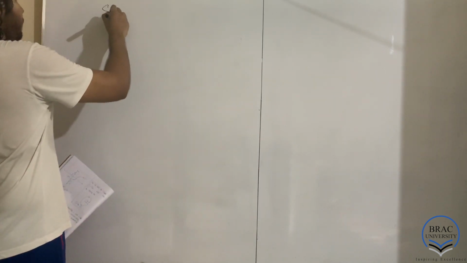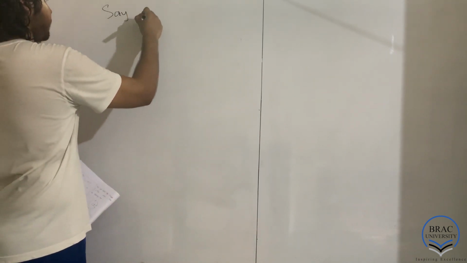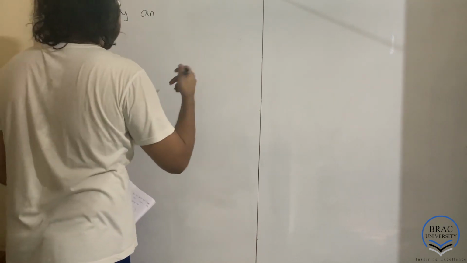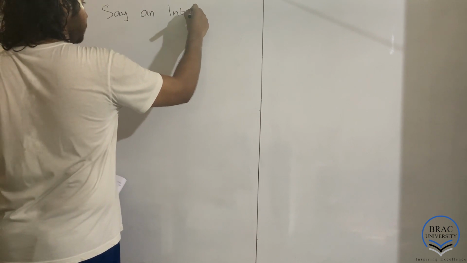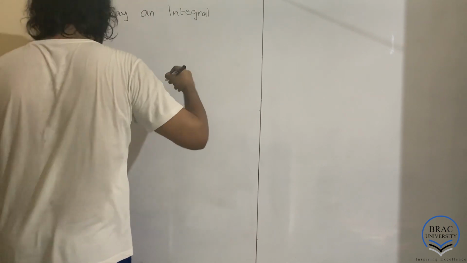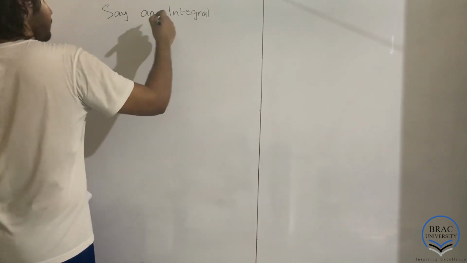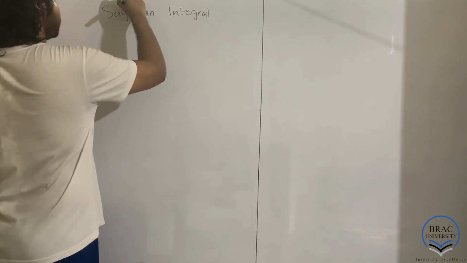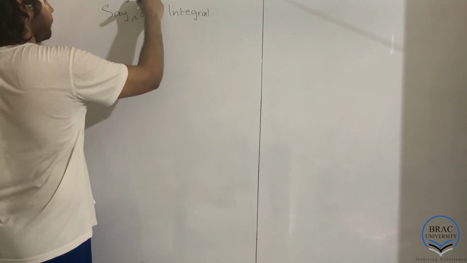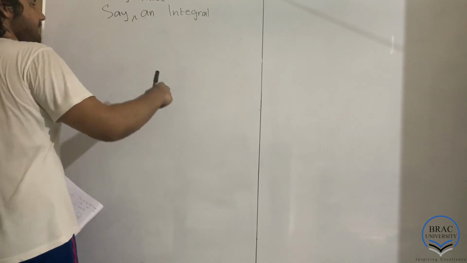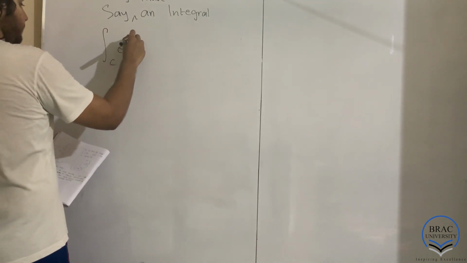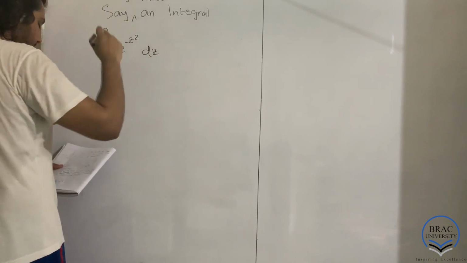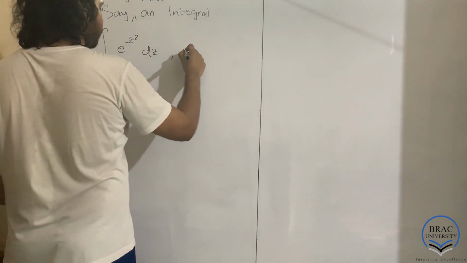Say you have the integral over C of e to the power minus z squared dz, where C is a closed contour.